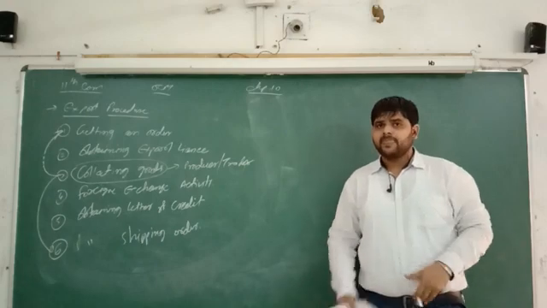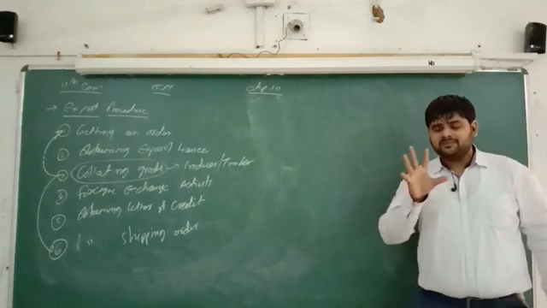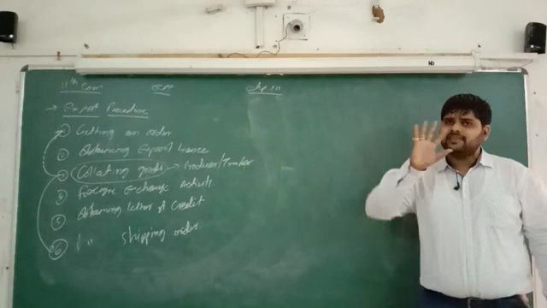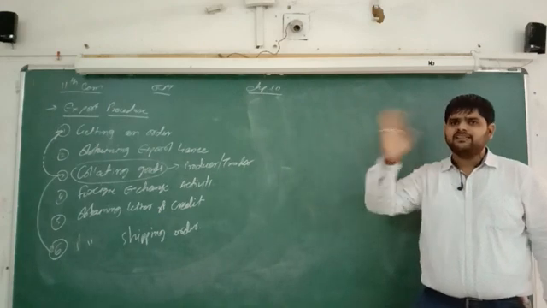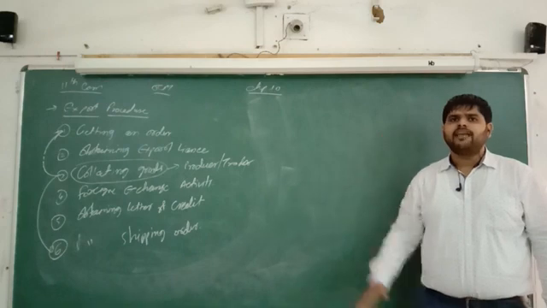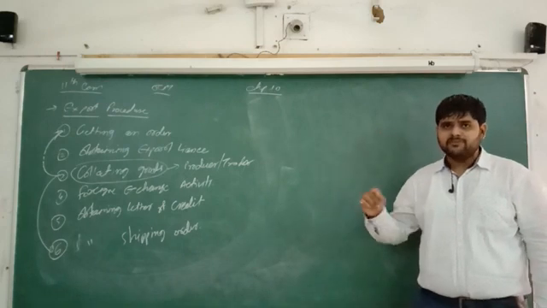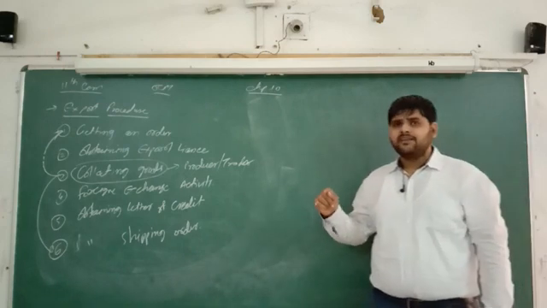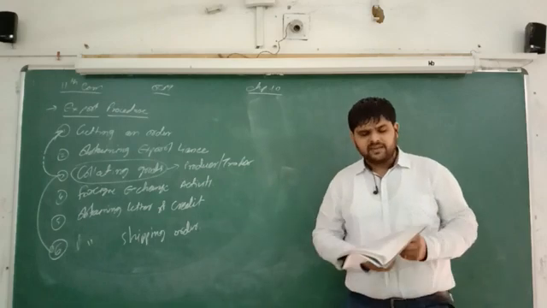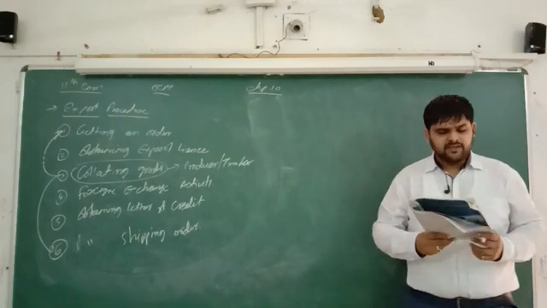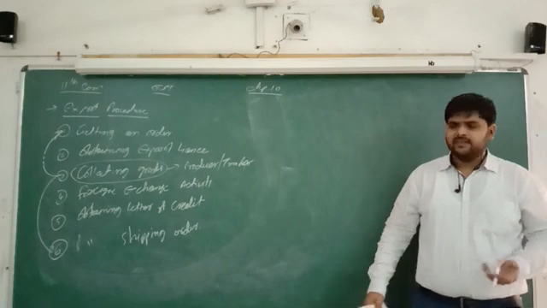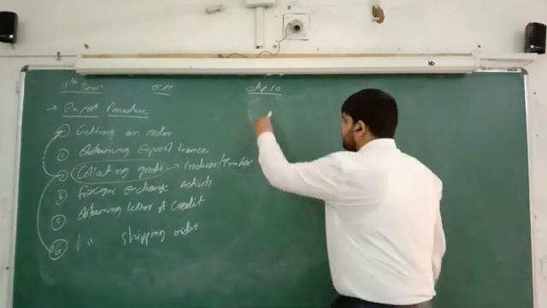Same way, if we have to send a little bit of goods, then general. But if you have to send a large amount of goods, we have to book the whole ship. That is called a charter, or charter party agreement. So this is number 6.